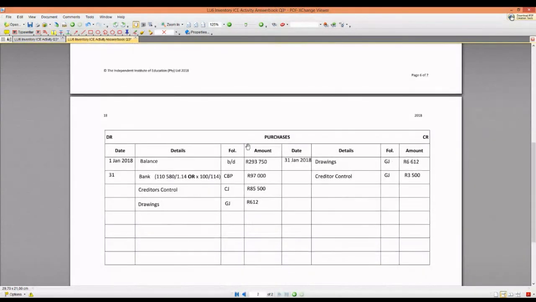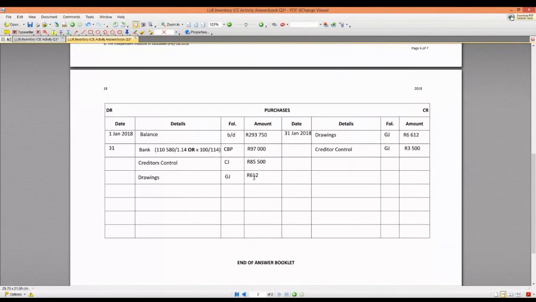For purchases, we've got entries on the debit as well as the credit side. So in order to balance this, we need to sum the left-hand side because that's the biggest side to get an amount. Now, if you add all of those amounts together, you should get to a value of 476,862 Rand, which we then transfer to the other side.